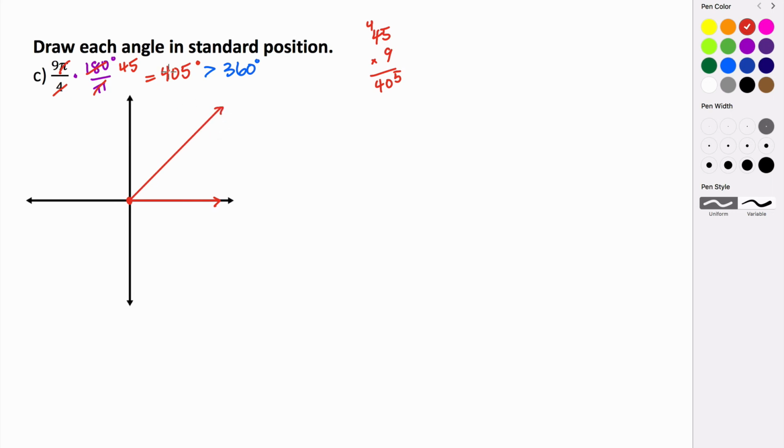Now, in order to indicate that it's a measure of 9 pi over 4, again, this is a positive measure, we're going to show that we do a full rotation plus a little bit extra. So we did a full rotation plus the extra 45 degrees. And that gives us a measure of 9 pi over 4. So this is our angle drawn in standard position for 9 pi over 4 radians, or 405 degrees.